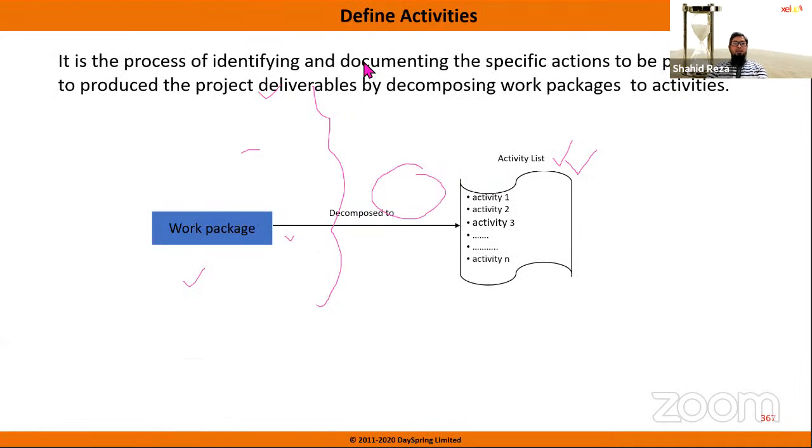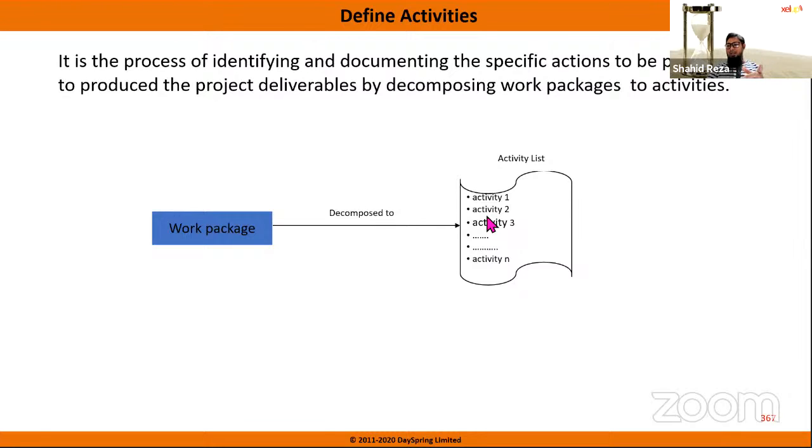All right. Now the next process, define activities. This concept was already explained, and I think you all understood. We have to define activities, which means taking each work package and decomposing it into activities.